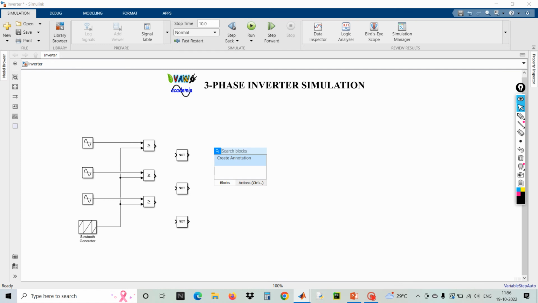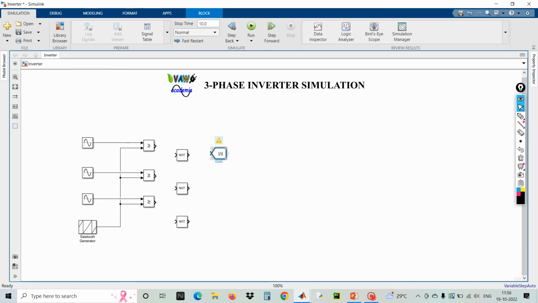I'm going to use some Goto operators. I will tell you why I'm choosing these and the number of gates. I'm copying the Goto operator six times because I'm going to design a three-phase inverter with 6 switches.